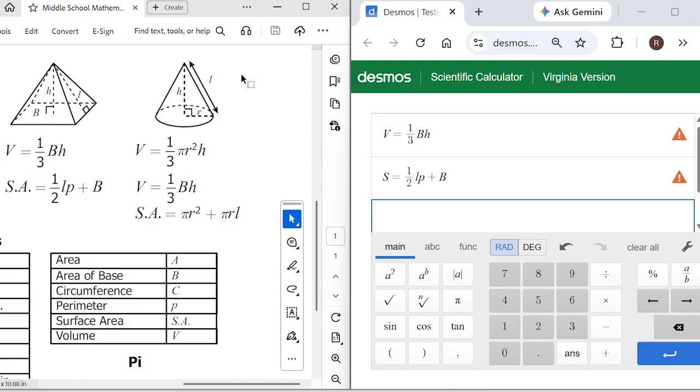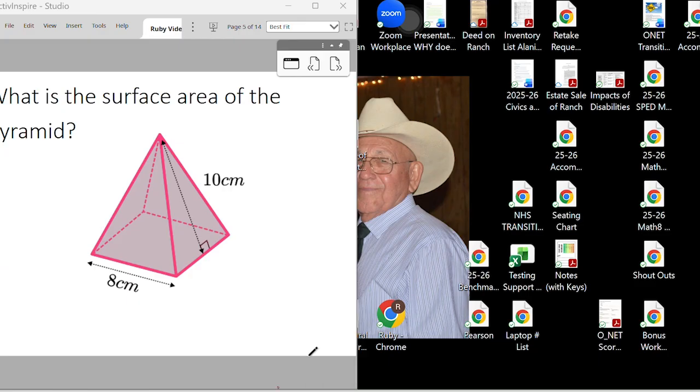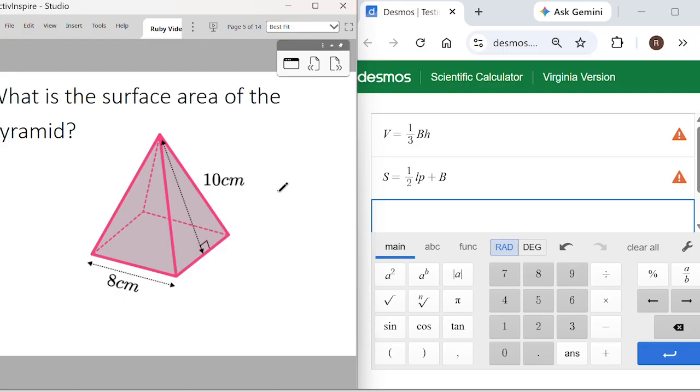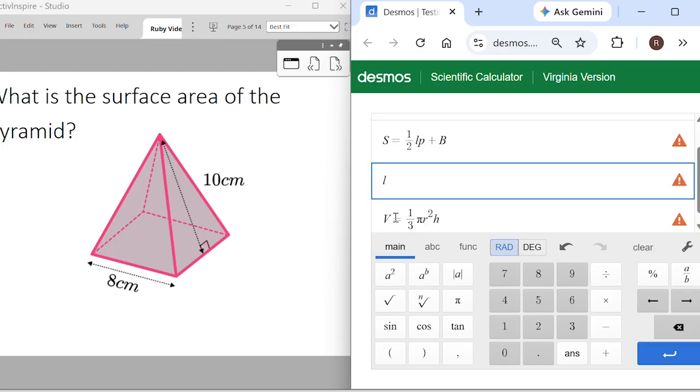You have to be very careful when using these because you want to make sure that you get everything in the right place. So let's start with this problem. It says, what is the surface area of the pyramid? So I know I want surface area. I'm going to ask myself some questions. Does my calculator know what 1/2 is? It does. Does it know what L is?